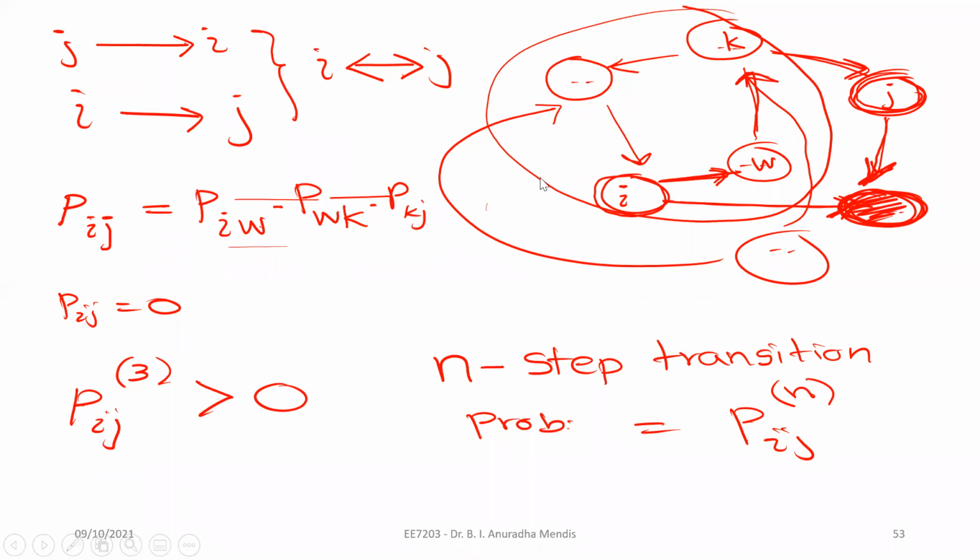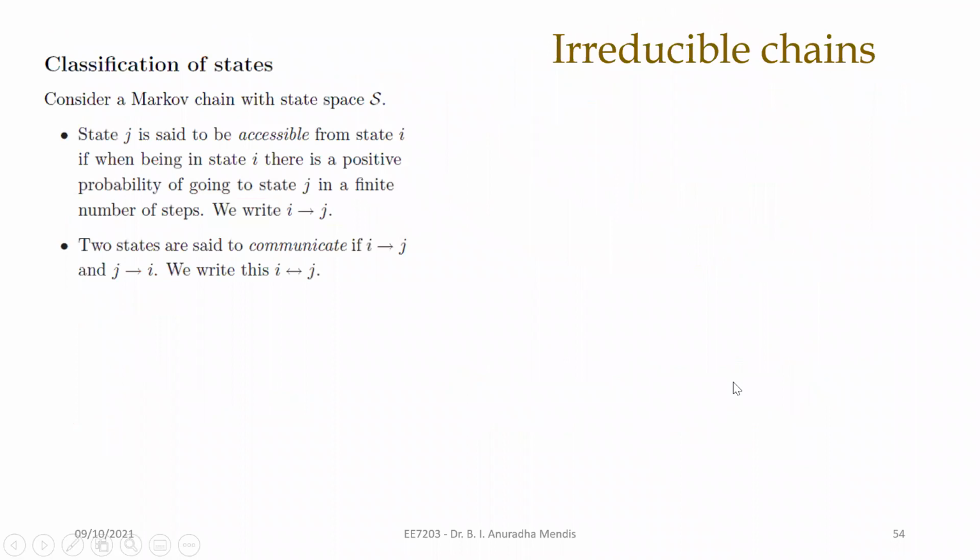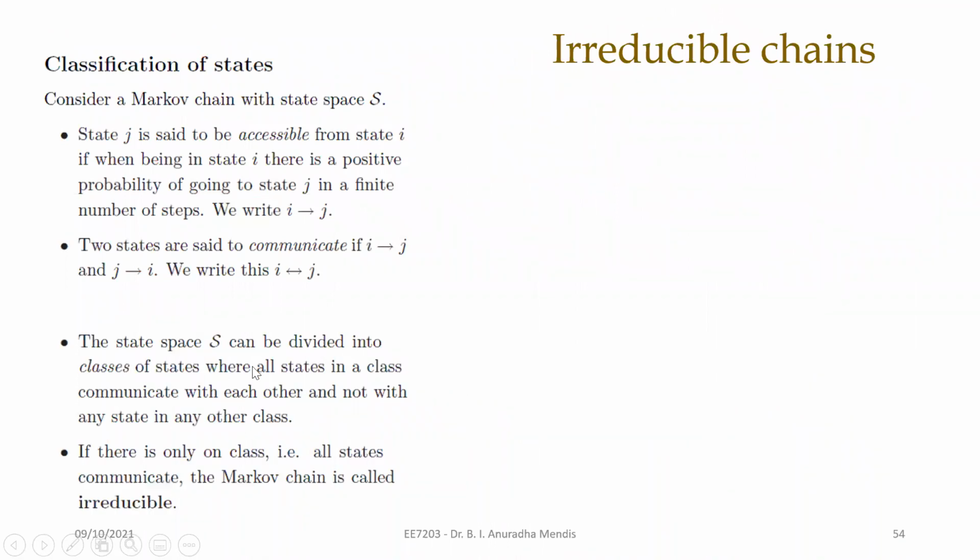That means in that Markov chain those classes cannot communicate with each other because they are separate. The state space S can be divided into classes of states where all states in a class communicate with each other and not with any state in any other class. That is how you divide a given Markov chain into classes.